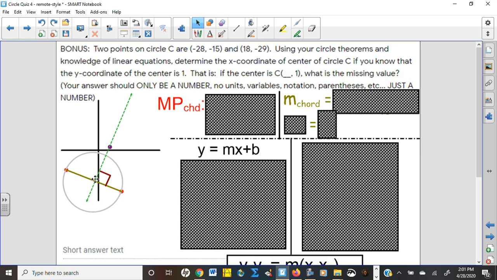So if I picked the center to be the midpoint itself, then it would be a diameter and that would be a circle. But what if I made the circle just a little bit bigger so that it wasn't quite the diameter, but it was still towards the center? Well, now your center point is going to be, this is just an approximation, probably around here. But what if I move that point over a little bit?